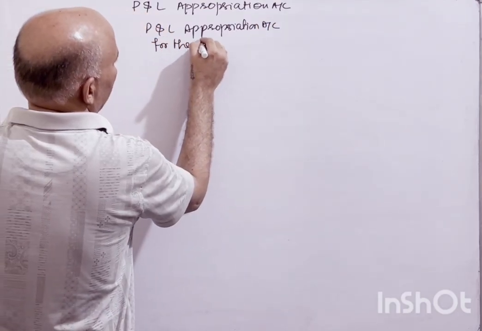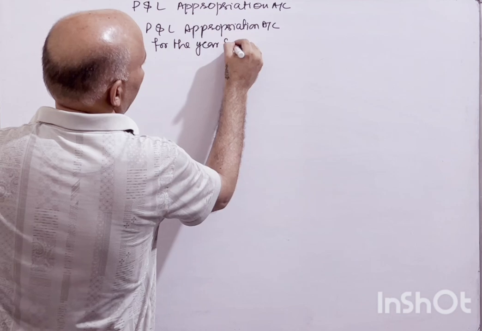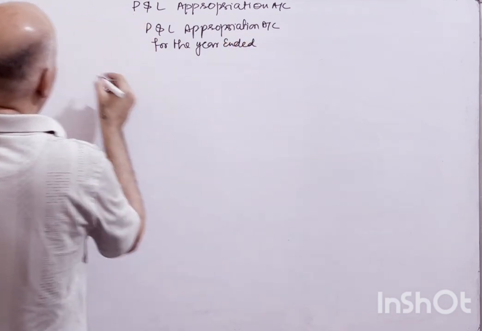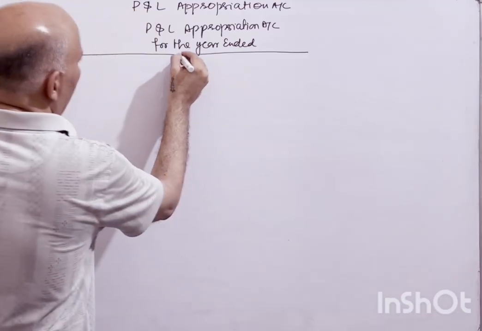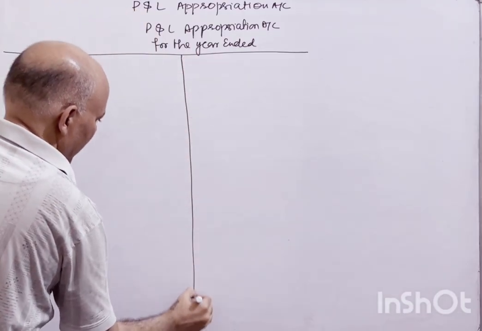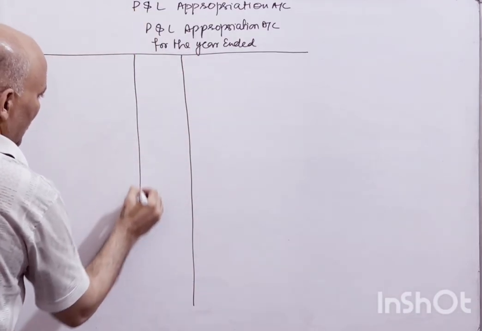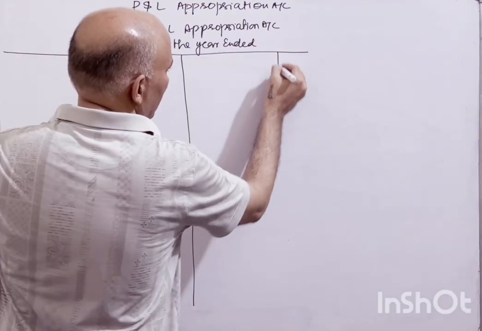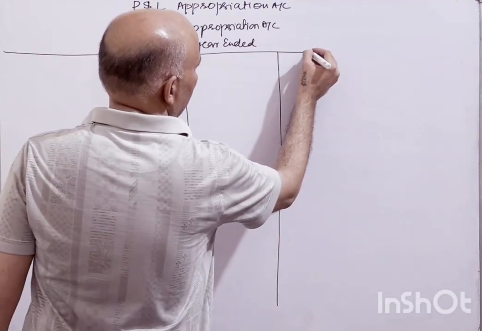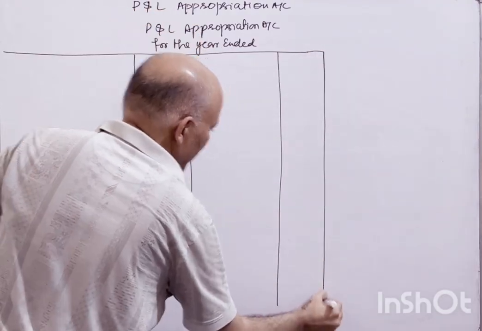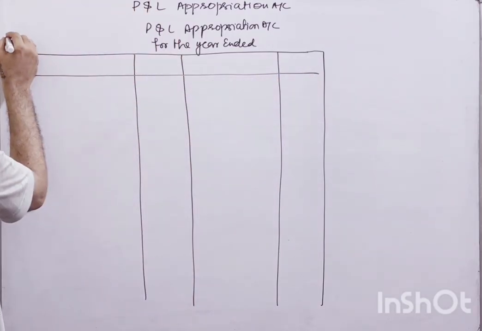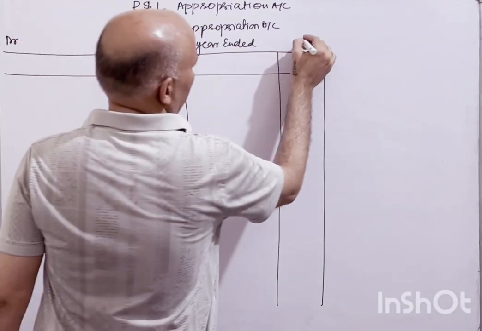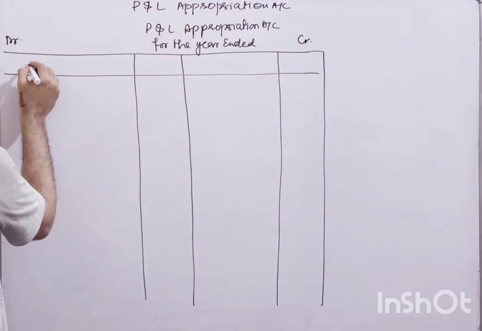Account for the year ended, right? Then the same we have to part in, this is your debit side and this is your credit side.